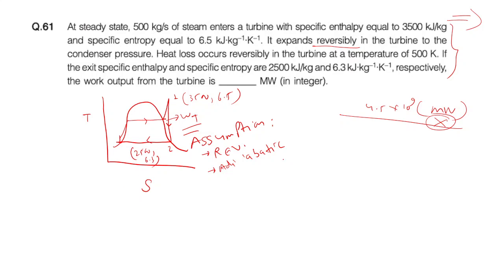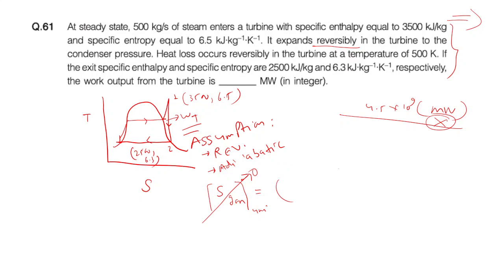So let's suppose, for the reversible process, entropy generation in the whole universe would be 0, correct?